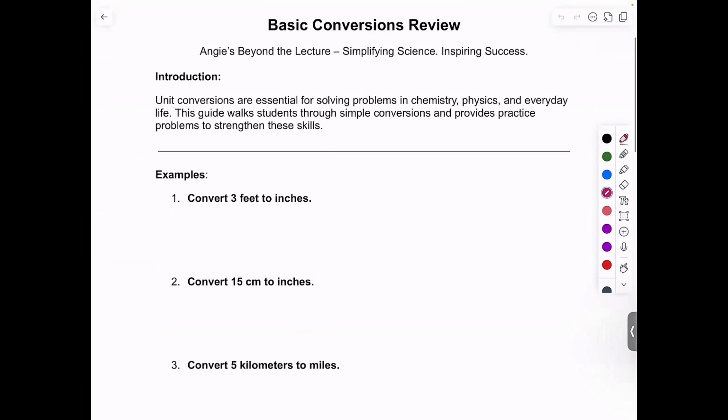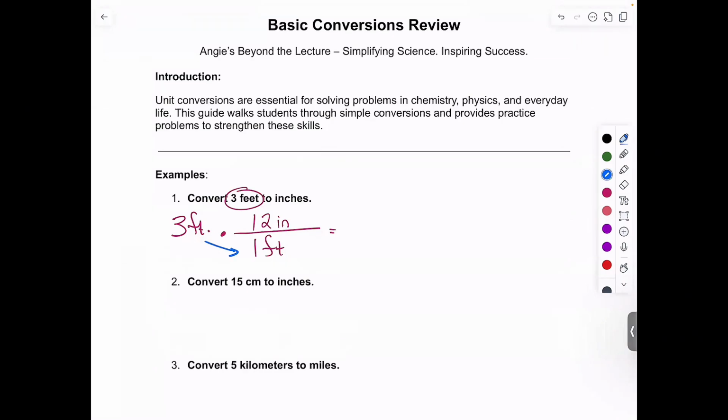So we'll start with feet to inches. We're given 3 feet in the first problem. So always write down what you're given, followed by your conversion ratio. So I know 1 foot is equivalent to 12 inches. I think most students know that by now. And remember, the unit that you're canceling, you're starting off with feet.